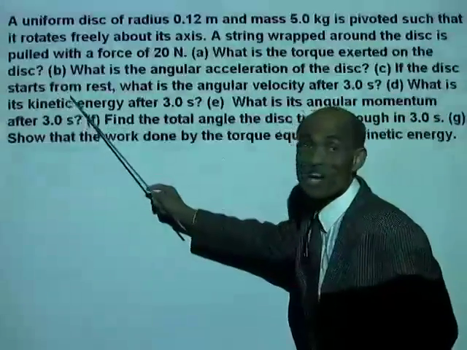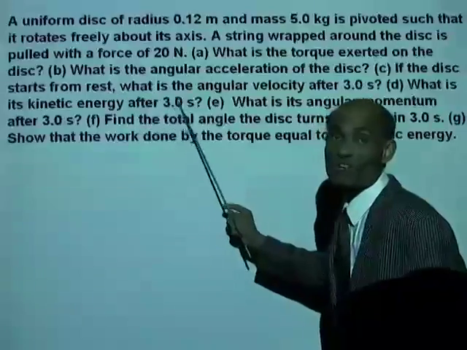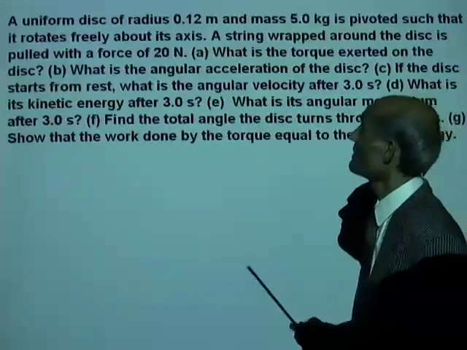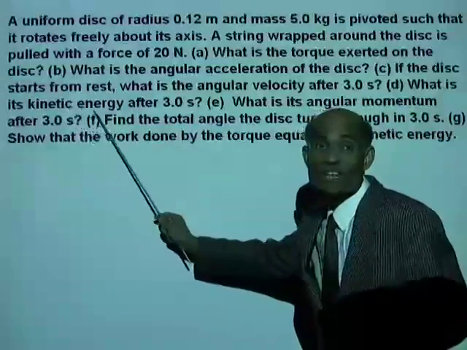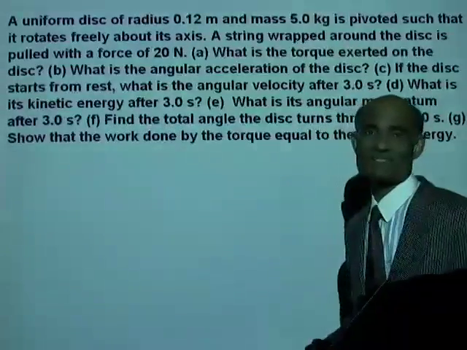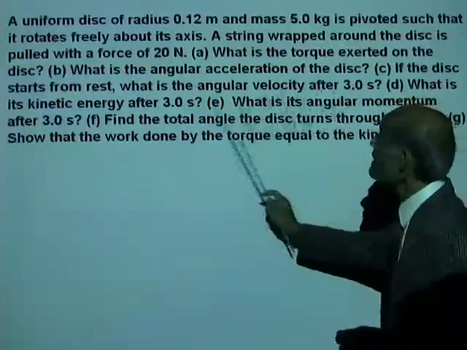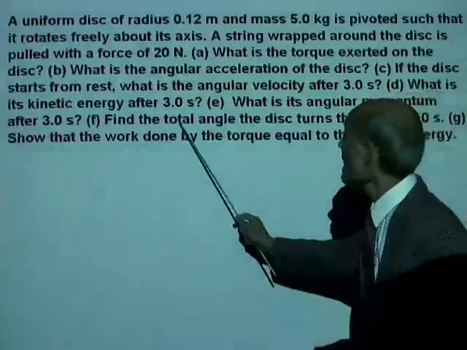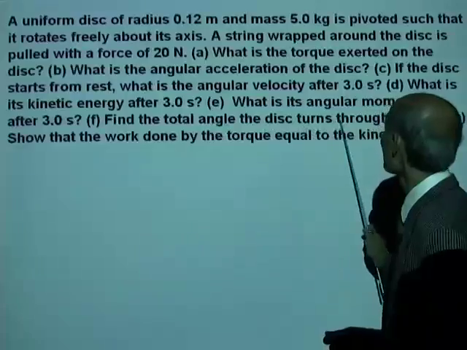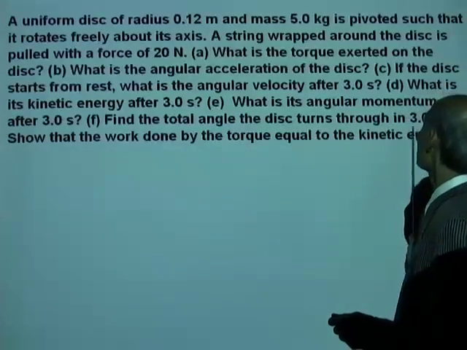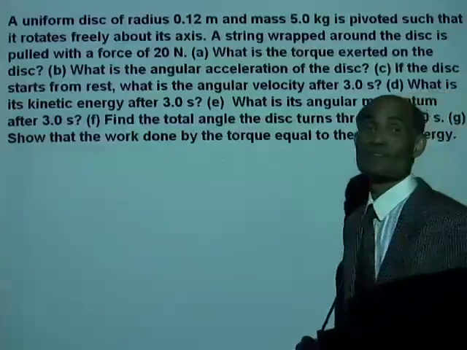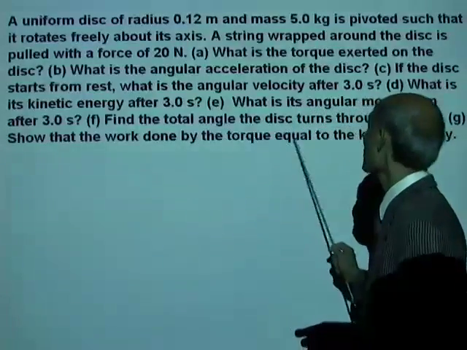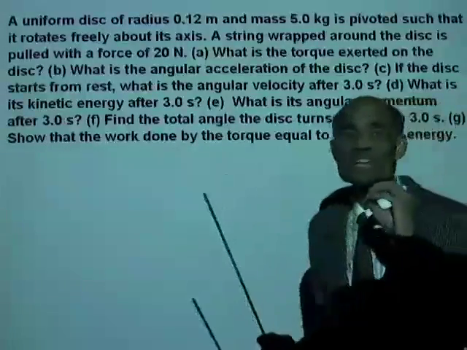If the disk starts from rest, what is the angular velocity after 3 seconds? What is the kinetic energy after 3 seconds? What is the angular momentum after 3 seconds? Find the total angle the disk turns in those 3 seconds. And finally, show that the work done by the torque is equal to its kinetic energy.